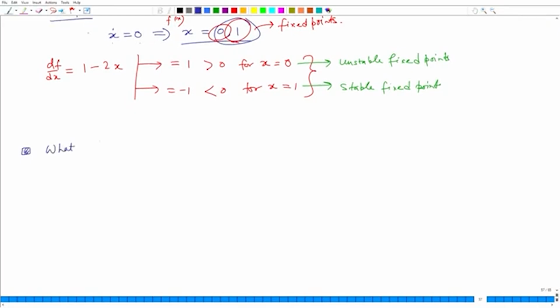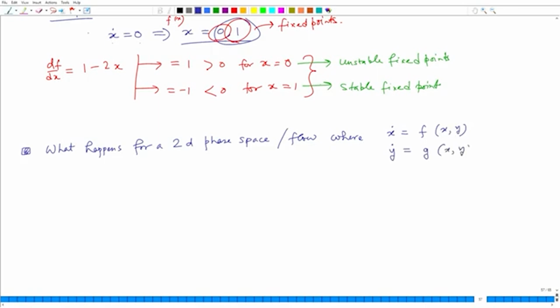What happens for a 2D phase space or flow, where the equations of dynamics are given by x dot equal to some f of x comma y, and y dot is given as some g of x comma y.